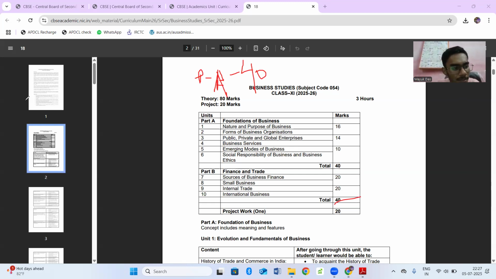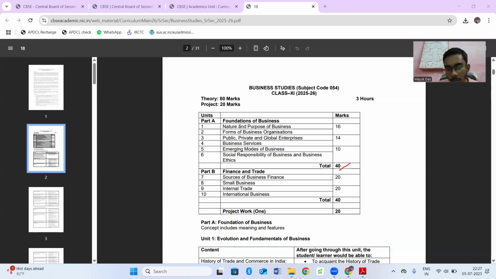So let us talk about the breaking down of the marks of the chapters. First of all, under part A, which will carry a total of 40 marks, there are six chapters.